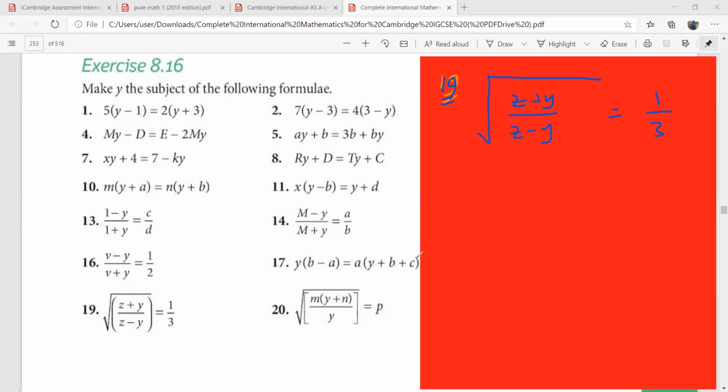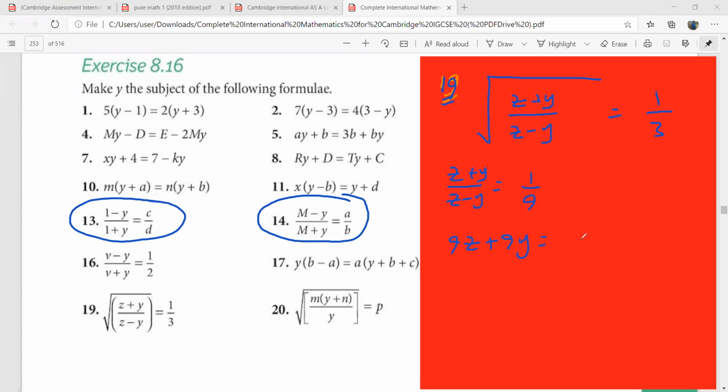So first of all, we have to get rid of the square root. So I'll be squaring both the sides. I'll have z plus y over z minus y equal to 1 over 9. Now we are left with a question like this, okay? So now I'll cross multiply. This is going to be 9z plus 9y. That is equal to z minus y.